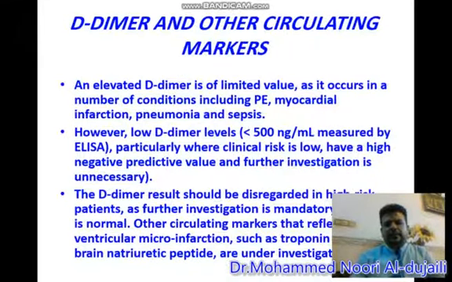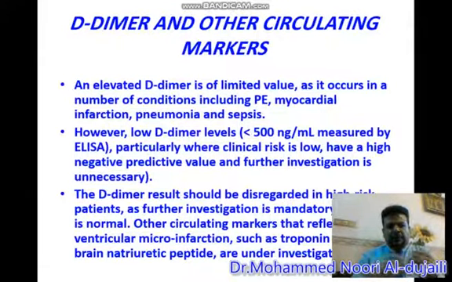Another marker is the D-dimer. The D-dimer is needed to exclude rather than to prove the diagnosis, as it increases in many diseases. It is the end product of fibrin and fibrin degradation products, the end result of the coagulation system and then the enzymes that release the D-dimer.